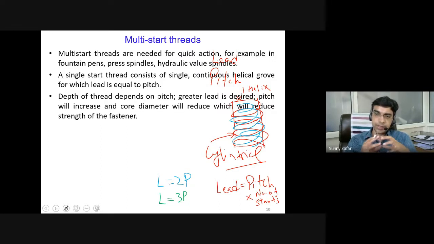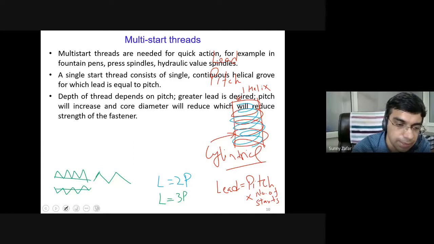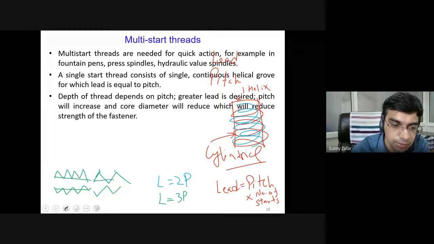But increasing the pitch means I need to reduce the core diameter. In case I am increasing the pitch, the core diameter is going to get reduced.